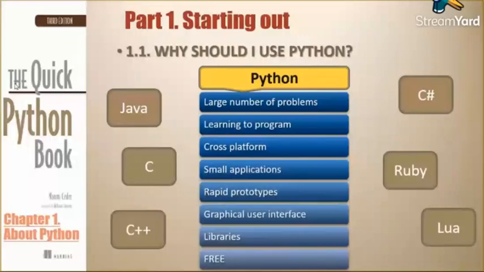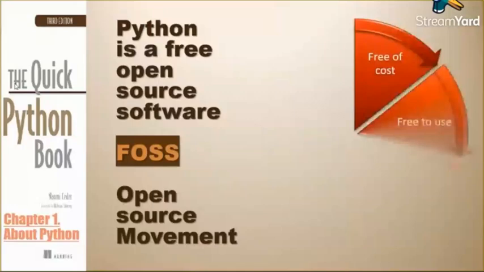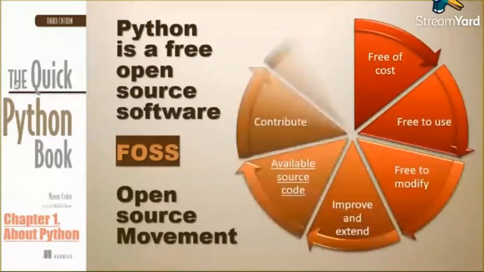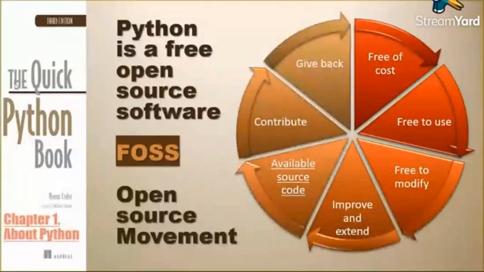So, what does it mean that Python is free? Python is what is called free open source software, or FOSS in short. It is not only free of cost, but also free to use, free to modify, free to improve and extend. Why? Because the source code is available, and you are actually encouraged to improve and extend libraries and applications.